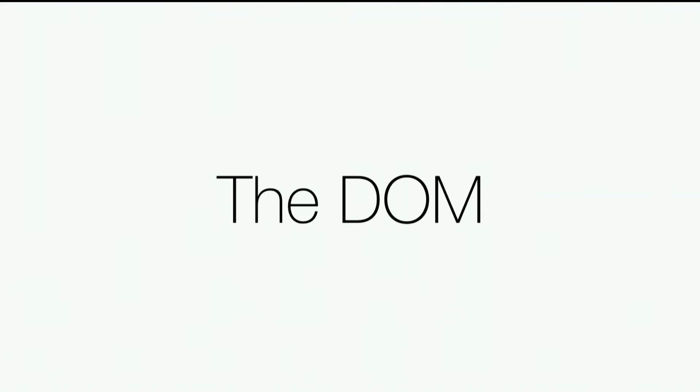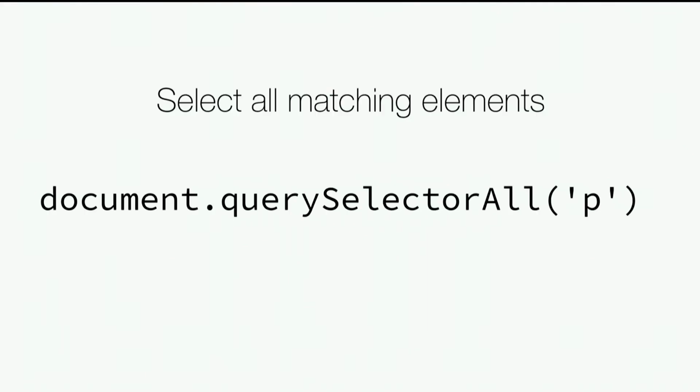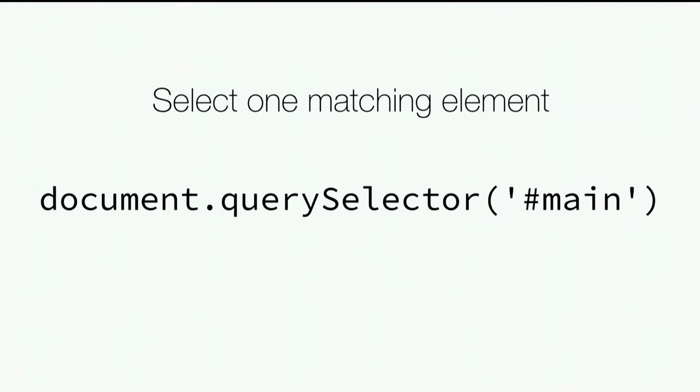Query selector all would get all of the matches. We didn't really use it, but we talked about it. So query selector all will give you all of the paragraphs in this case in an array-like thing that's called a node list. To get just one, query selector. And it'll get you the first match, the first element that matches that selector.